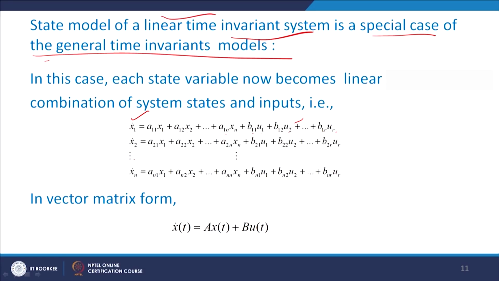Similarly we write xn dot equals an1 x1 plus an2 x2 plus up to ann xn plus bn1 u1 plus bn2 u2 plus up to bnr ur. Therefore in vector matrix form it is written as x dot equals Ax plus Bu, where A we call the system matrix and B is your input matrix. So x dot equals Ax plus Bu is your state equation.